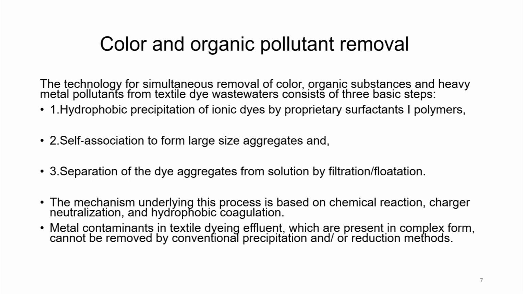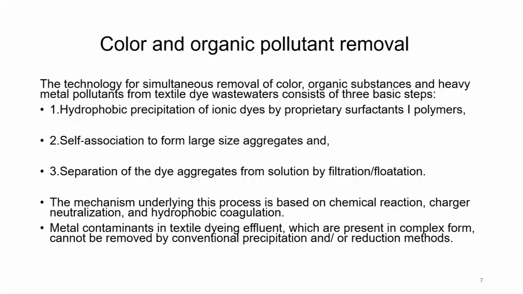So, these three methods are very important and are useful in removal of the dyes. The mechanism underlying this process is based on chemical reaction, charge neutralization and hydrophobic coagulation. That means it makes it a coagulant which is not water soluble.